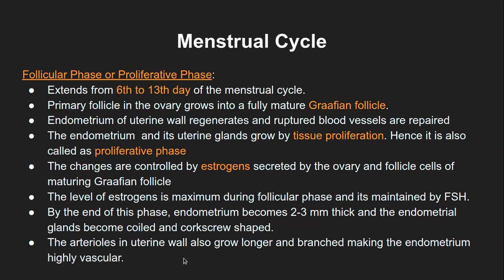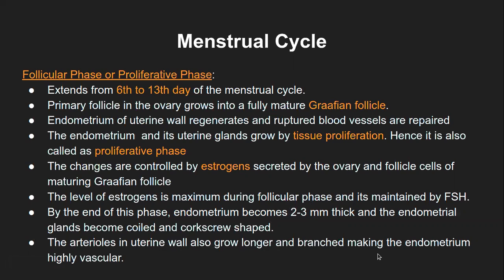The arterioles in the uterine wall also grow longer. They grow in the layers of the uterus, specifically the endometrium, because they have to supply all the tissues growing to 2 to 3 mm thickness. So obviously they also have to grow longer and become branched, making the endometrium highly vascular.